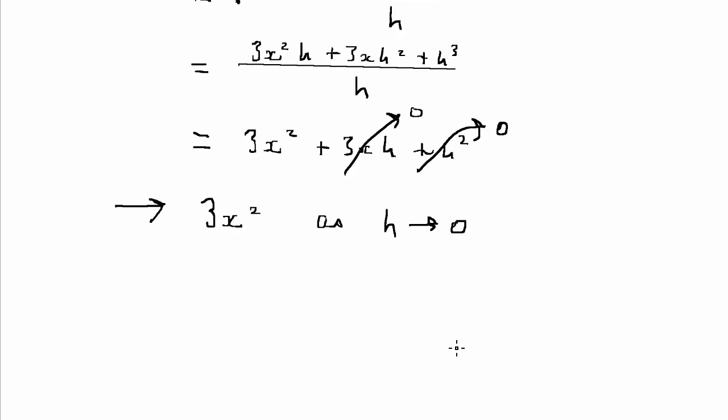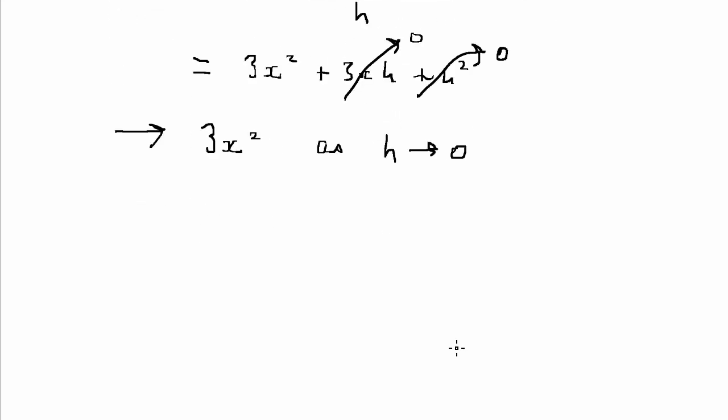So what have we found? Using the language that we used earlier, we have found that if you start off with the curve y is x cubed, then it follows that when you differentiate, when you work out what dy dx is, you get the answer 3x squared.